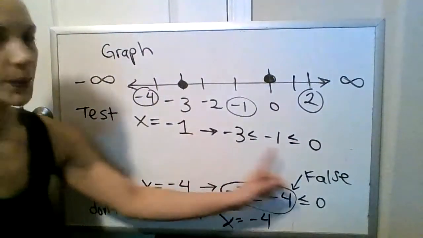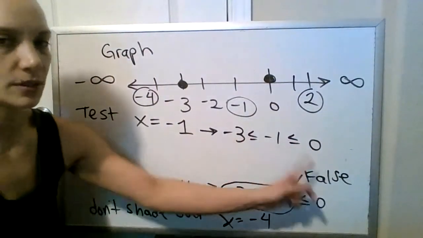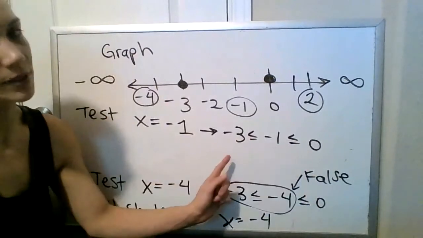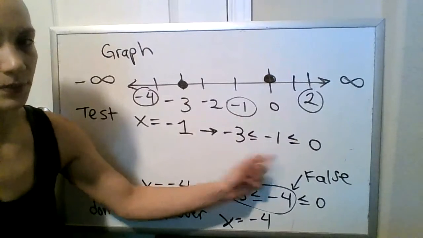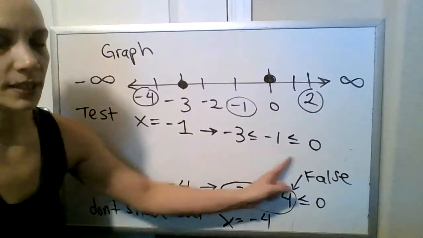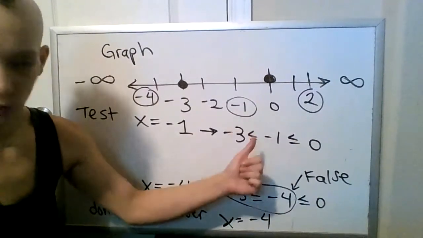And then just read through and make sure each piece is true. If not, then it's going to be false. -3 less than or equal to -1, true. -1 less than or equal to 0, true.